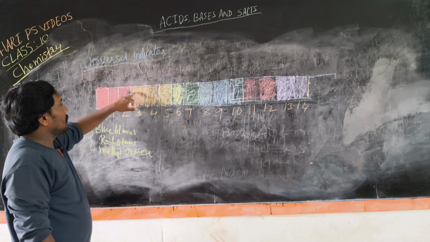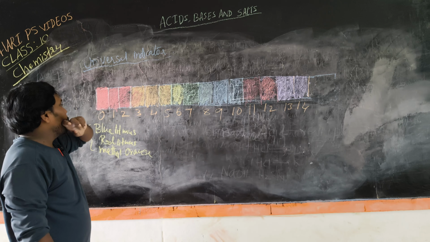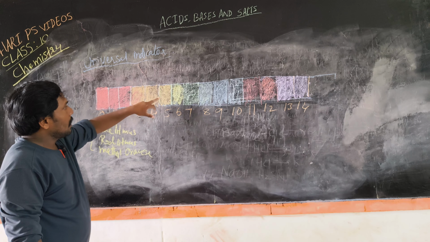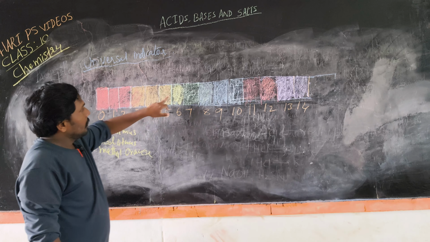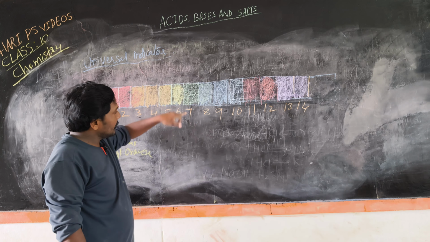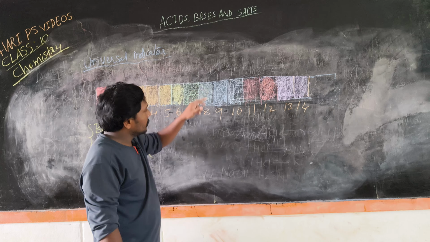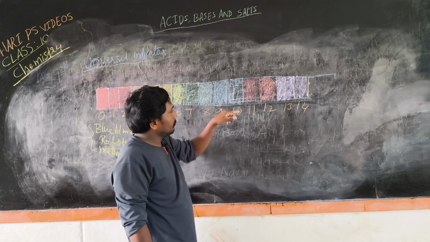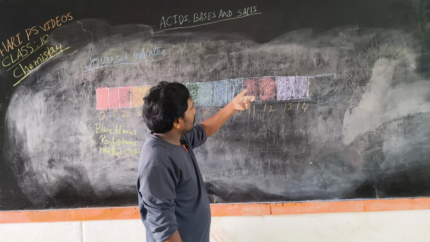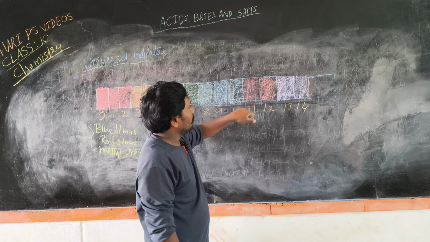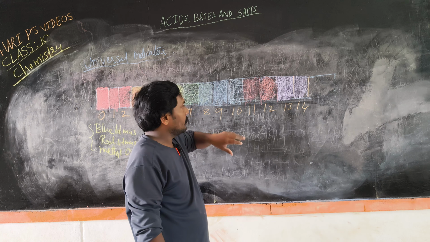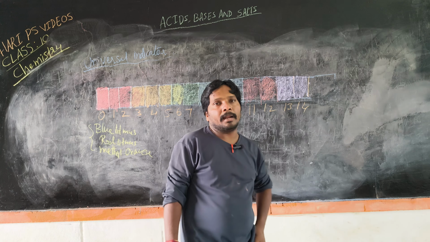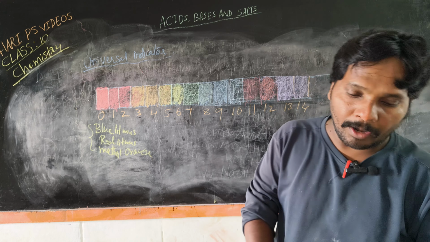If we observe, orange red is 3, orange 4, orange yellow 5, yellow green 6, green 7, blue green 8, blue 9, navy blue 10, then purple 11 and 12, then 13 and 14 are violet.